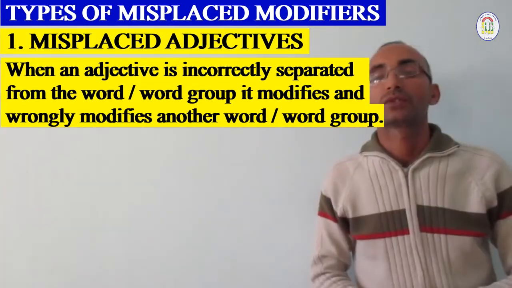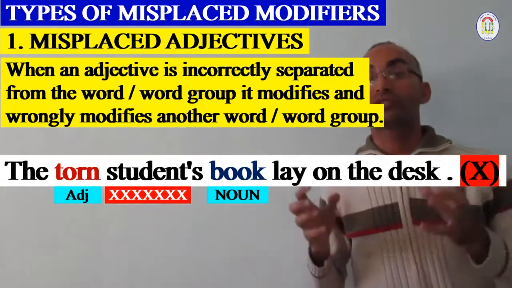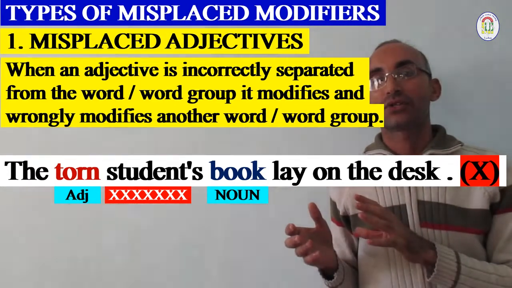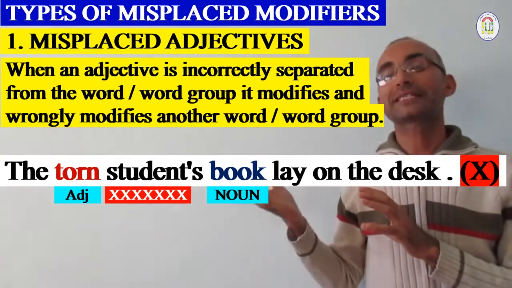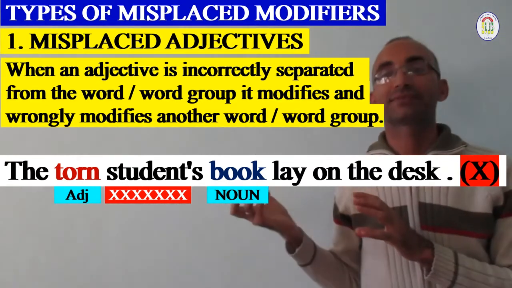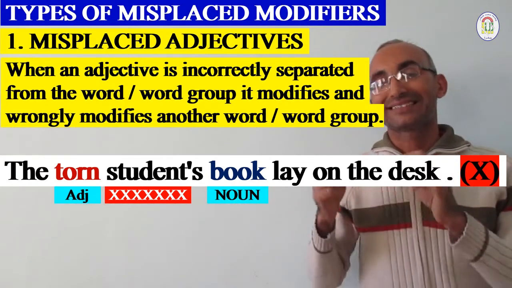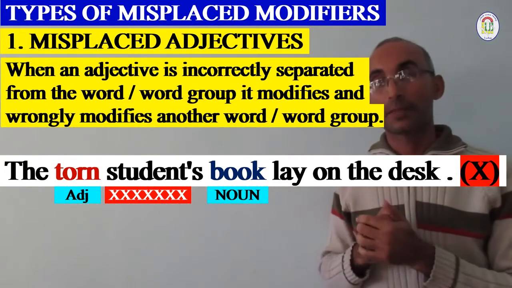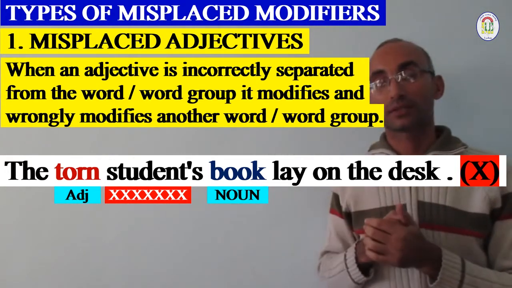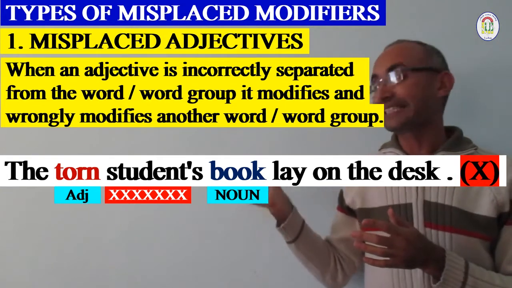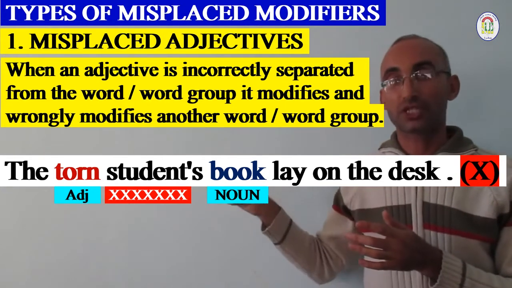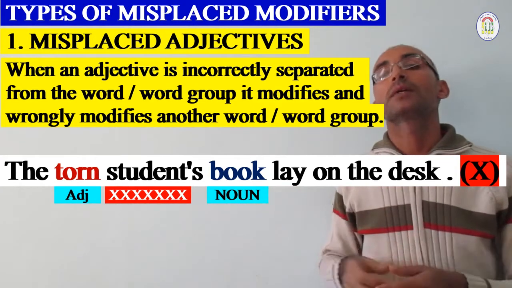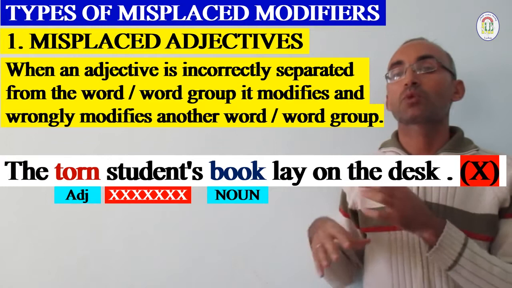An example: the torn student's book lay on the desk. Now here I have torn as my modifying adjective. Which noun does it normally modify? Of course, not the student, but the book. But look here, as it is placed in the wrong position, here we have what we call a mistake of misplaced modifier.